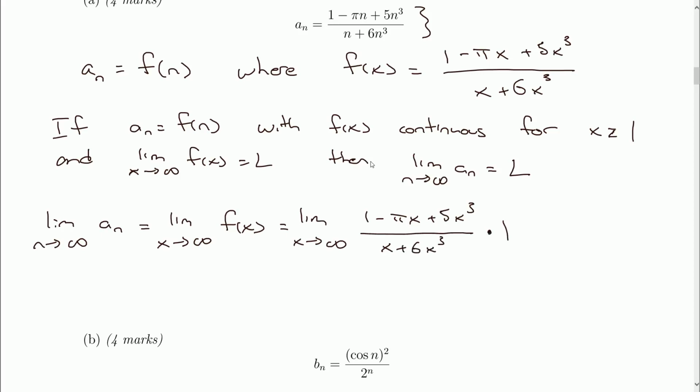This is worth 4 marks, okay? So I'm going to multiply by what I like to call a sneaky 1, and in particular, what 1 am I going to use? Well, I'm going to take a look at the highest degree that I see. I see powers of x that are x cubed. So I'm going to multiply by 1 over x cubed, 1 over x cubed.